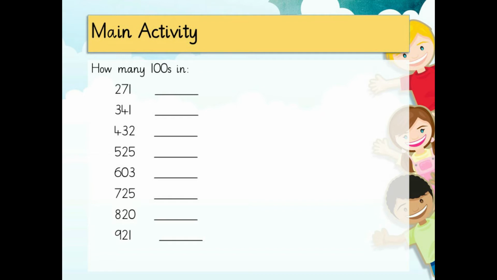So we have 2 hundreds in this first number. In the same way, you have to observe the rest of the given numbers so that you can find out how many hundreds are there within the given numbers. Take your time.